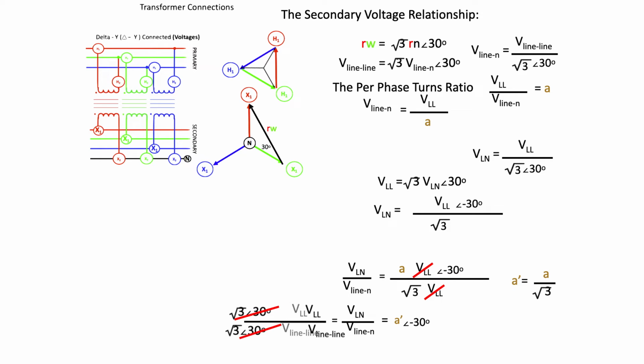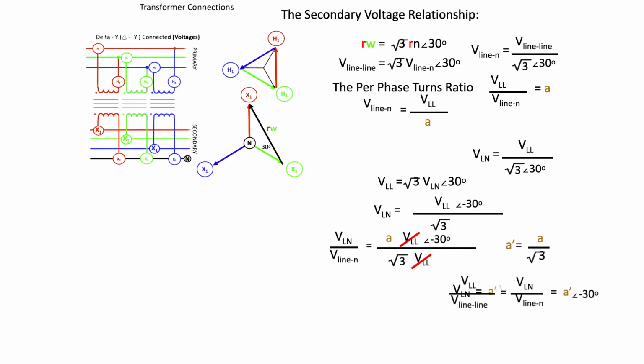And then I'll simplify the equation as I've already done in the past by getting rid of the fraction signs and the common terms. And so we're left with the voltage primary line-to-line over the secondary voltage line-to-line is equal to the ratio of the line-to-neutral voltage primary over the line-to-neutral voltage secondary, which is equal to A primed at minus 30 degrees.